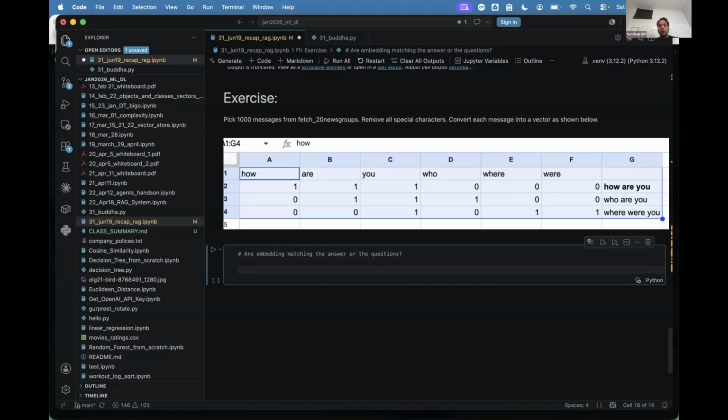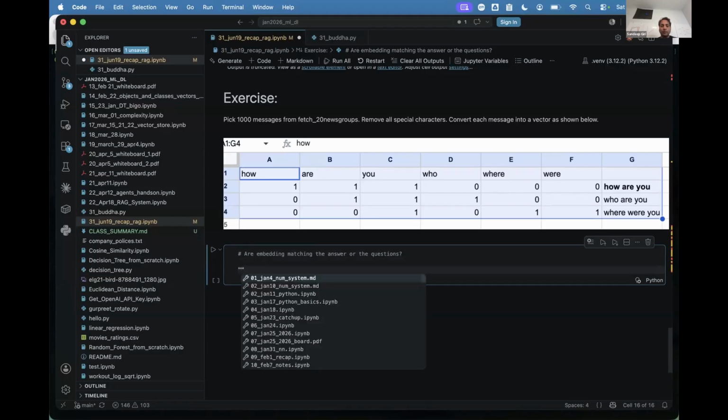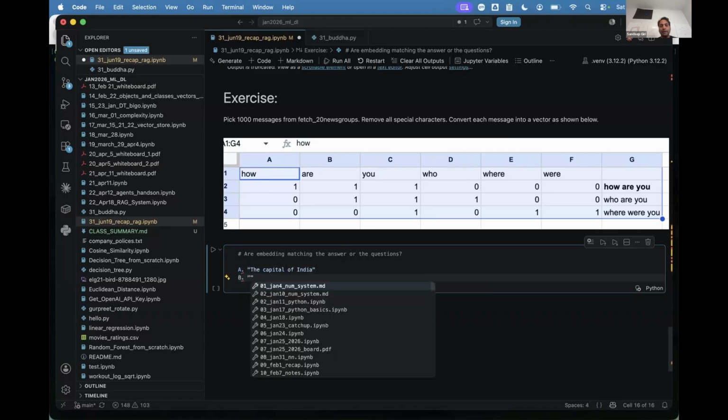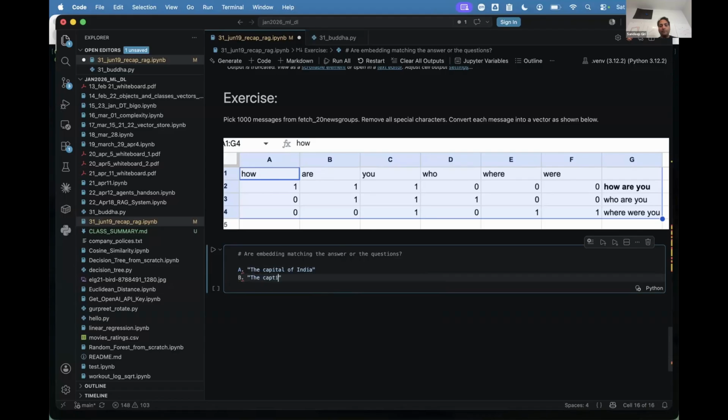Right? So when we say, let's say, the capital of India, okay? This is one sentence, number A. Sentence number B: the capital of, let's say, Pakistan, right?